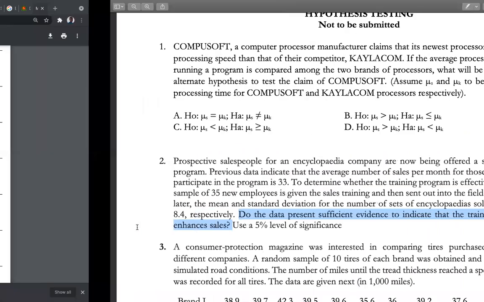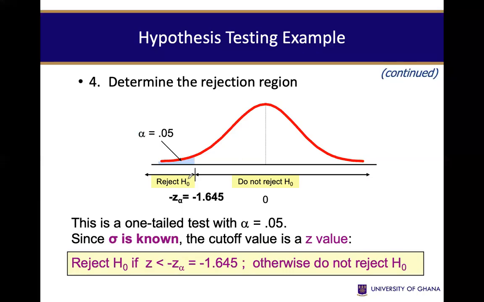So when you go back to the slides, what do you see? You realize that if the test statistic falls below this critical value, so any number below negative 1.645 will lead us to reject the null hypothesis. Do you see that? And any number above negative 1.645, we are not going to reject the null hypothesis, right?